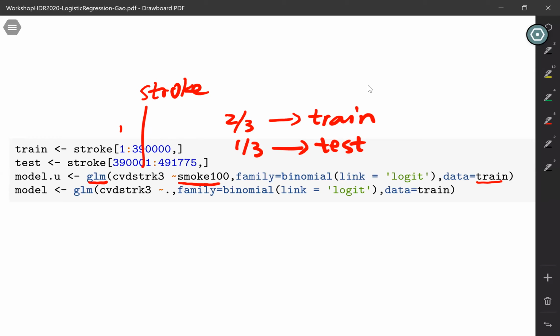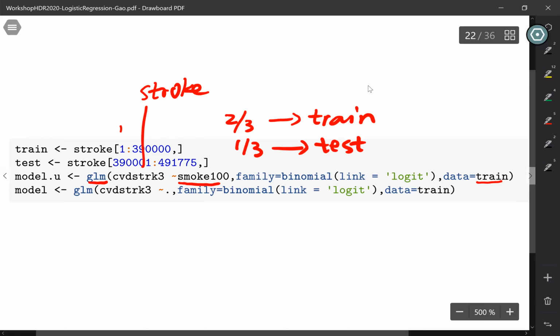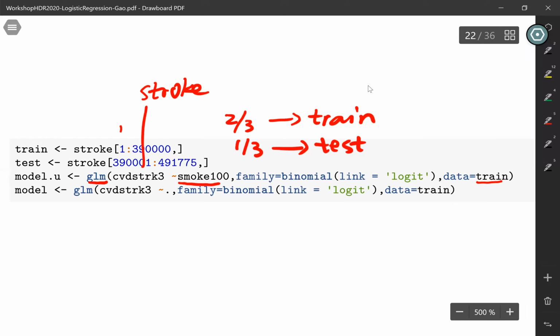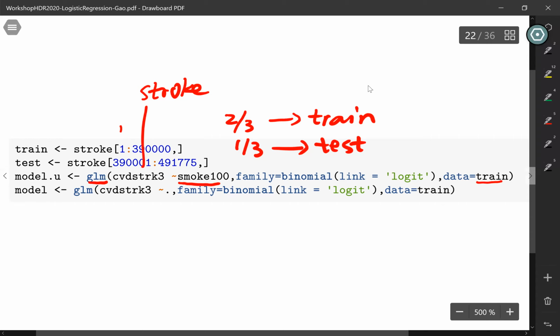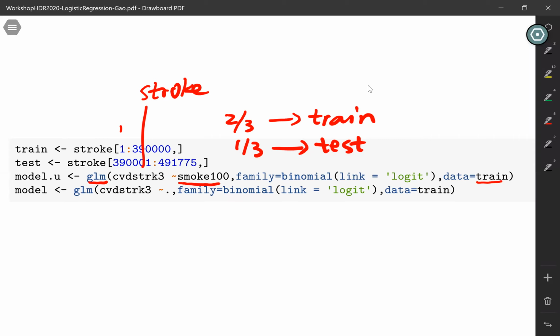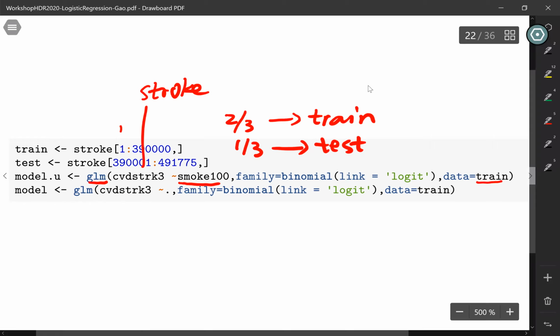And more generally, if you want to use multiple predictors, in the training data set, this variable is the dependent variable, right? All the others, I want to consider as predictors. So there is a short way to write this. Because there is a long list of names, I'm not going to write down all the names here.